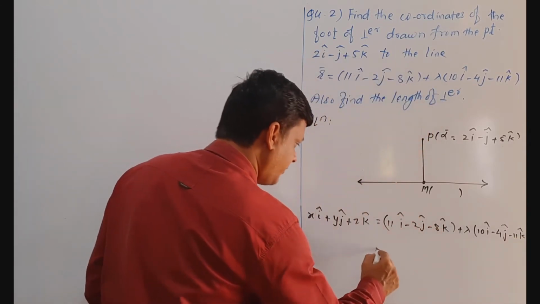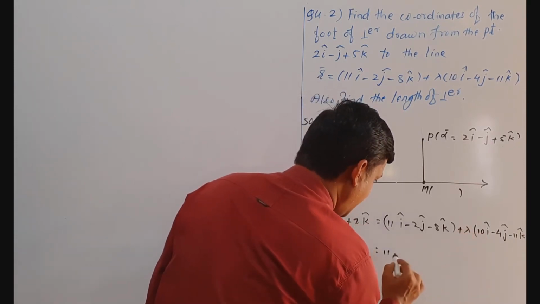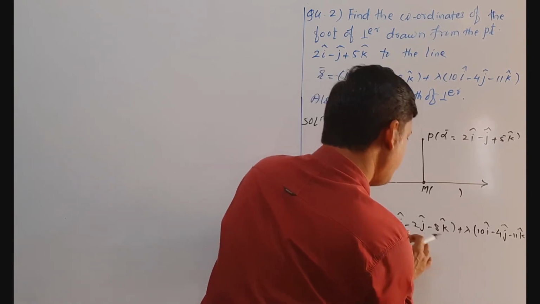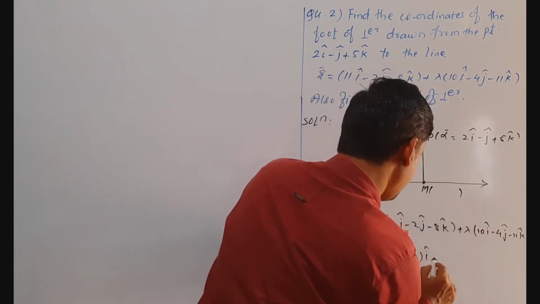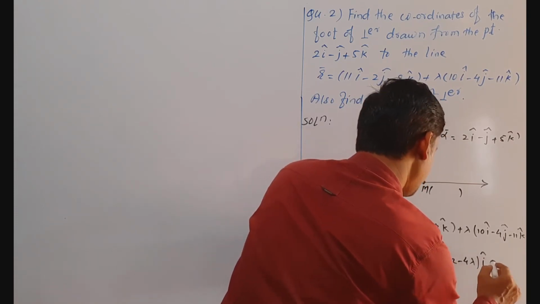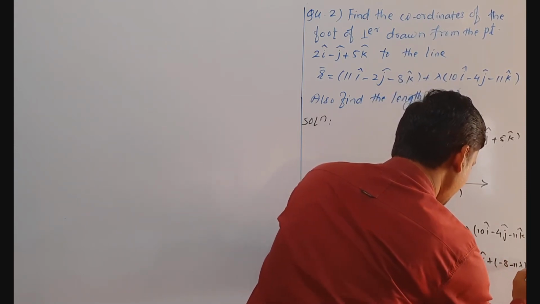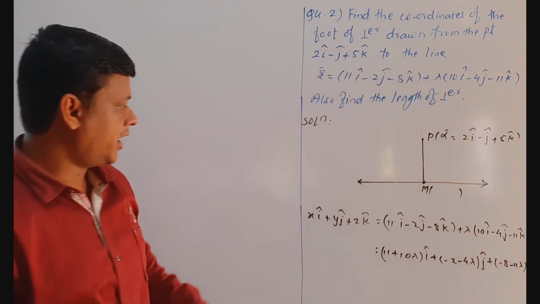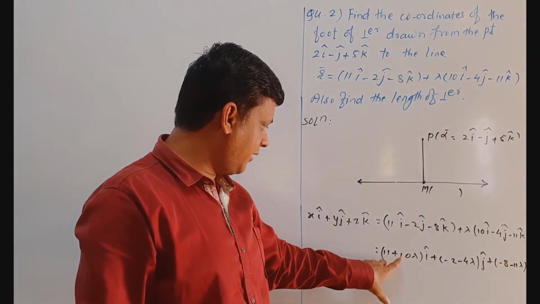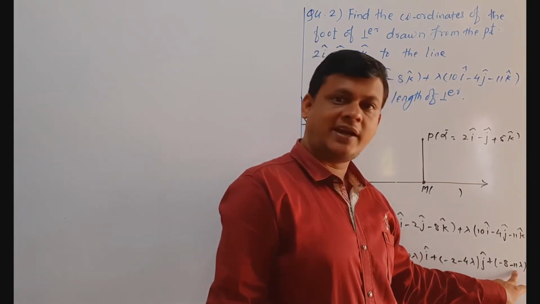That means the coordinate of any point, we get (11 plus 10 lambda) i, then (minus 2 minus 4 lambda) j, then plus (minus 8 minus 11 lambda) k. That means here the coordinate of any point, suppose point M, has coordinates 11 plus 10 lambda, minus 2 minus 4 lambda, minus 8 minus 11 lambda.